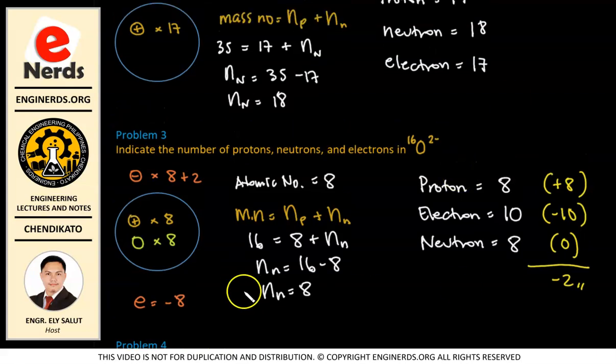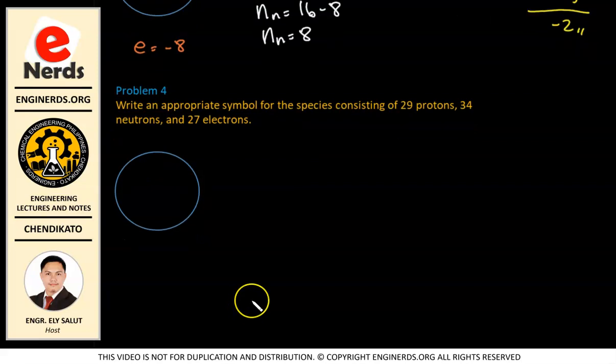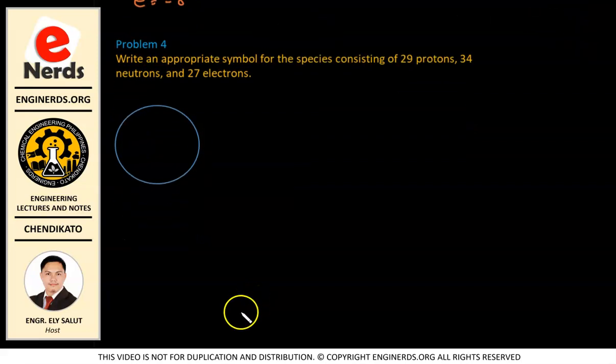So now let us go to problem 4. In this one, we have a positively charged particle. I'm going to show you how to solve this. This is the reverse of what we did earlier, because we are given the number of protons, the number of neutrons, and the number of electrons.